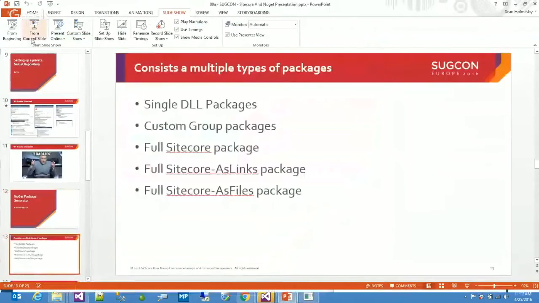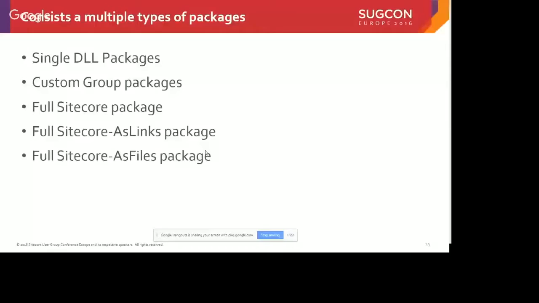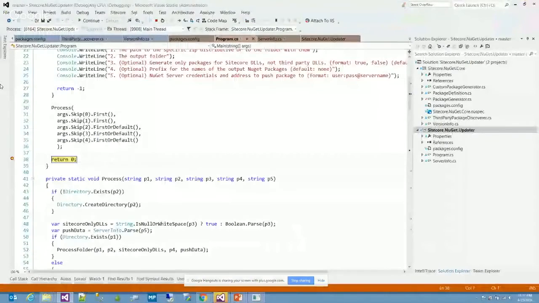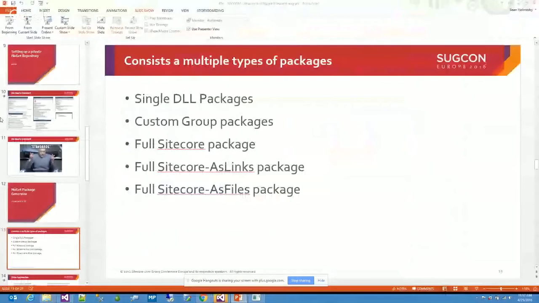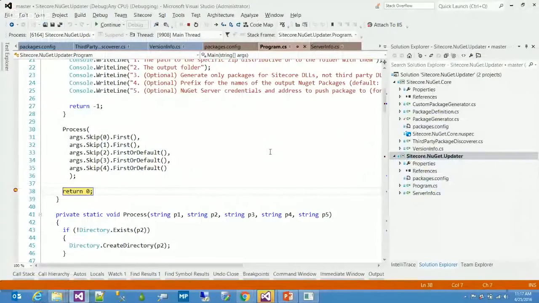Let's just have a look at this. Okay, so I mentioned the single DLL packages. It's also got custom group packages for easy development. It's going to pull in a complete full Sitecore package.